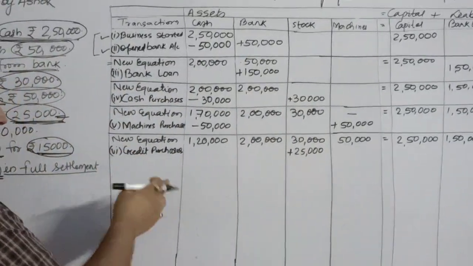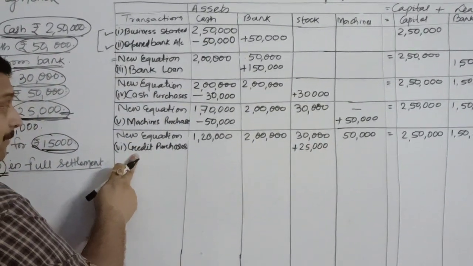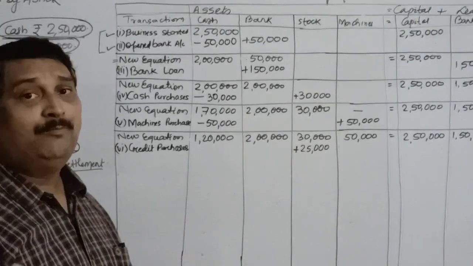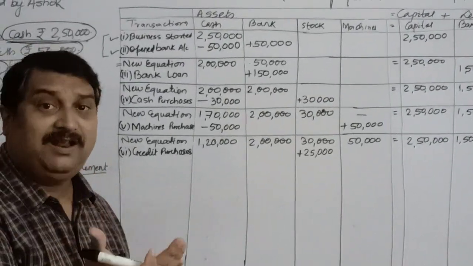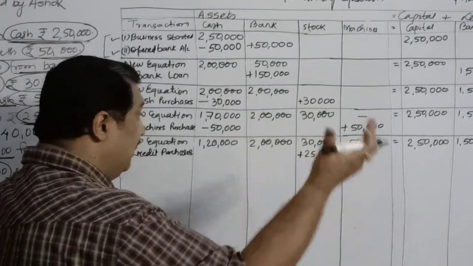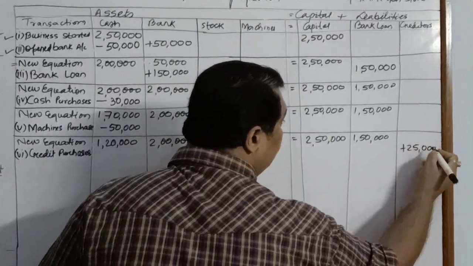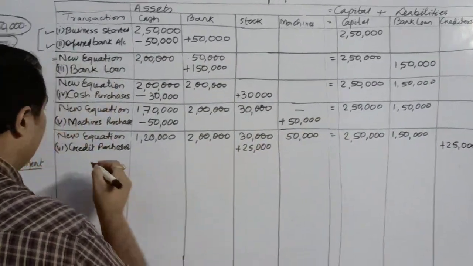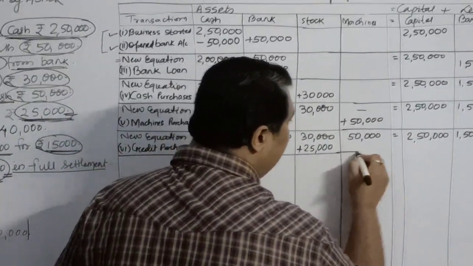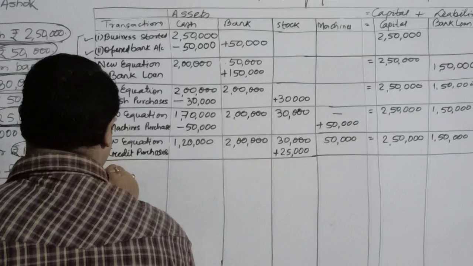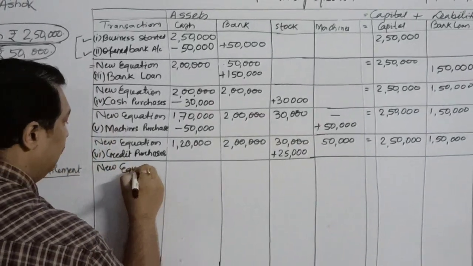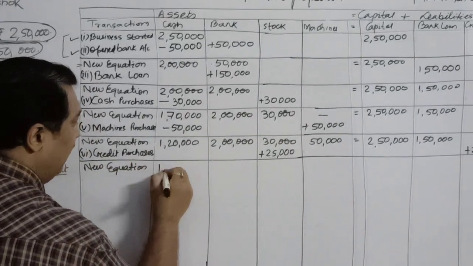But what will be the impact? I am buying it on credit. Firms or people from whom we buy goods on credit are called our creditors. So I have not paid them. I will pay in future. So my liability, my creditors, has increased. After this, what is the new equation? See over here. New equation is 1,20,000.